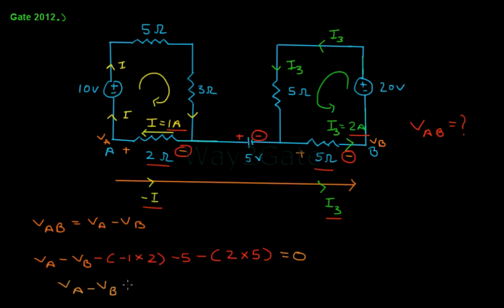Therefore, VA minus VB plus 2 minus 5 minus 10 is equal to 0, or VA minus VB is equal to 15 minus 2, that is 13 volt, or VAB is equal to 13 volts.